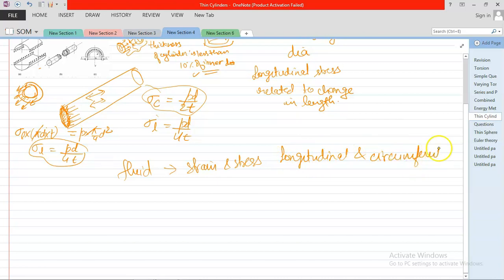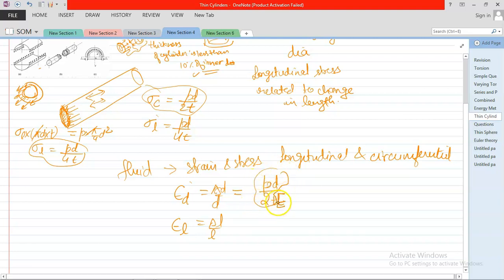Now I am going to ask what would be the strain in the diameter direction and the strain in the length direction, that is delta d by d, and this is delta l by l. The circumferential stress which tries to increase the diameter would be pd by 2t, divided by E, that would be the strain.